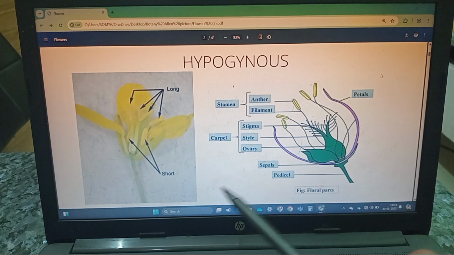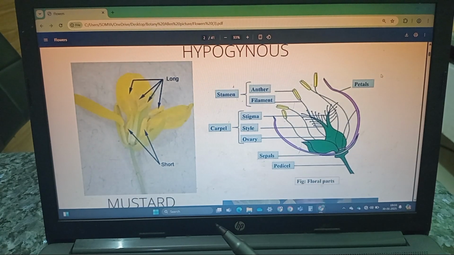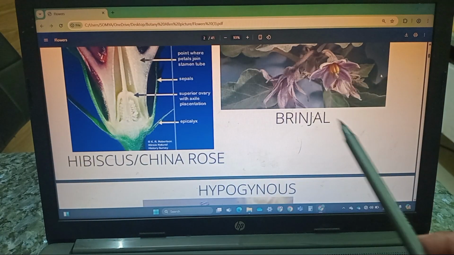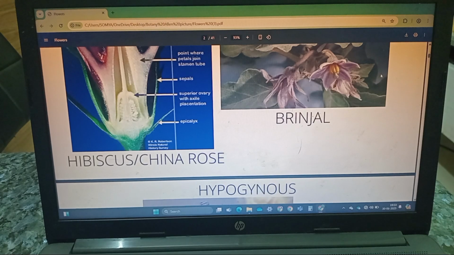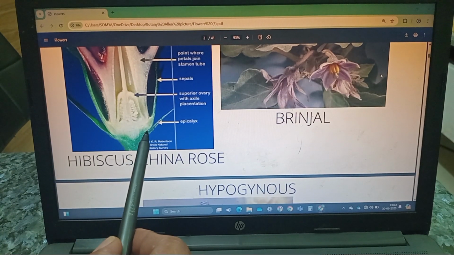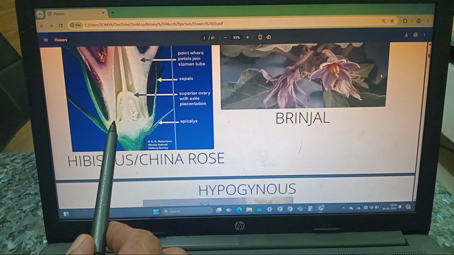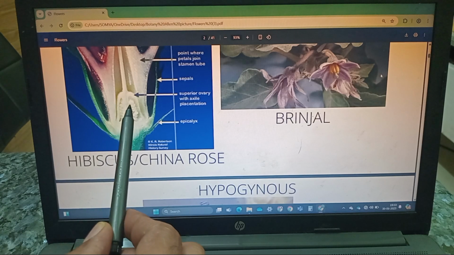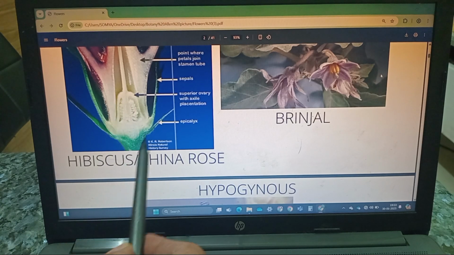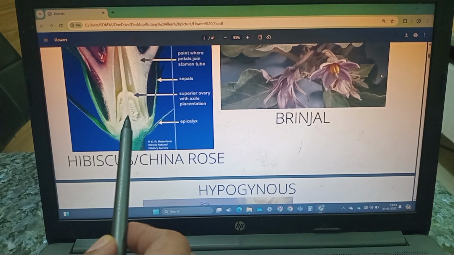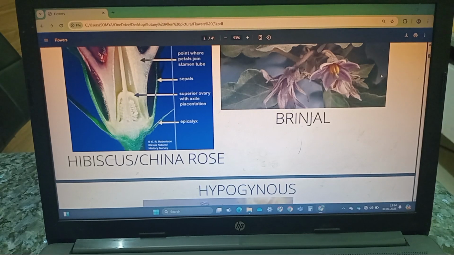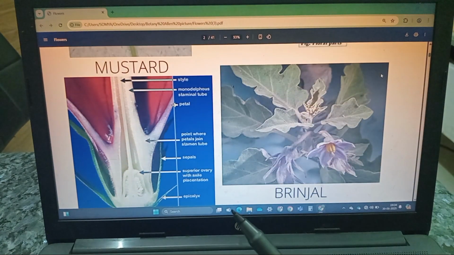The examples include this mustard, this brinjal, and this hibiscus, that is China rose. Here you see the flower is hypogynous, the ovary is superior, and the flower parts are below the ovary. Found in hibiscus, brinjal, and mustard. These are hypogynous.